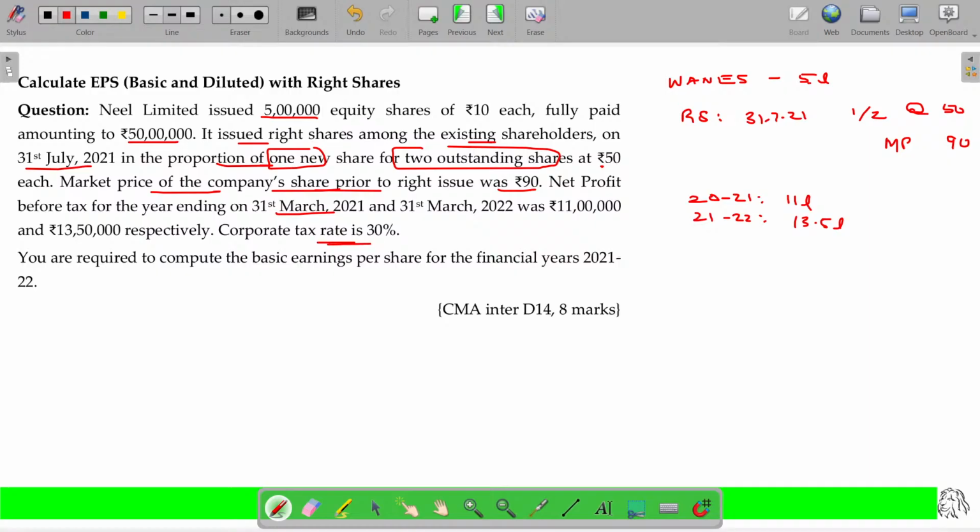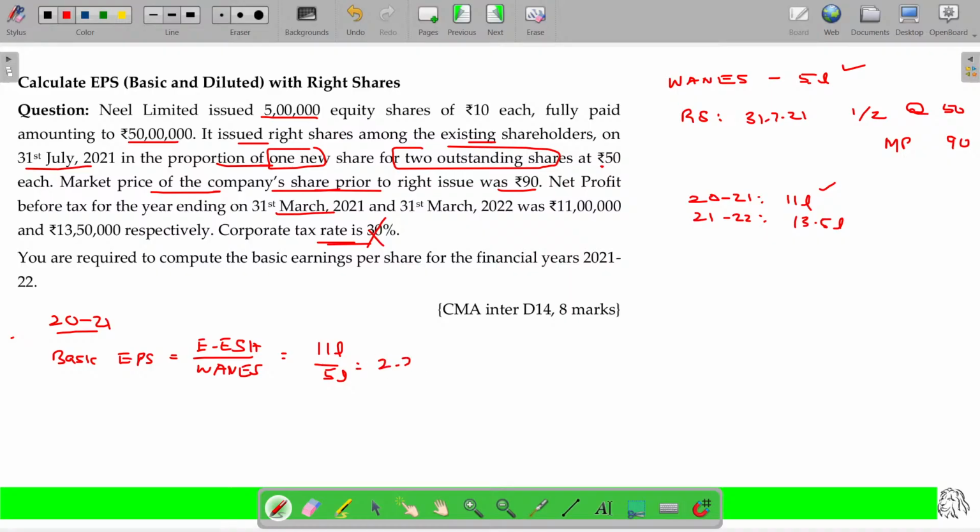Corporate tax is 30%. Anyhow, corporate tax is not required for us. For 2021, you have to calculate basic EPS. Basic EPS is earnings available to equity shareholders divided by weighted average number of equity shares. Earnings available to equity shareholders this year are 11 lakhs, and the weighted number of equity shares currently is 5 lakhs.